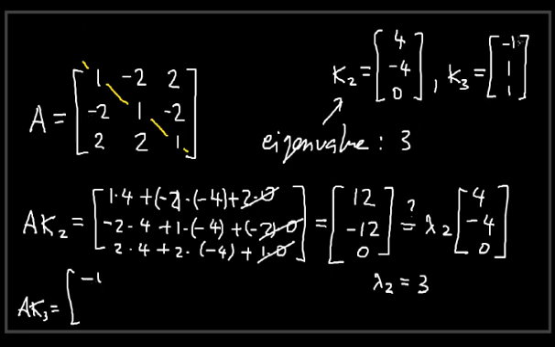Then minus 2 times minus 1, that's 2, plus 1 times 1, that's 3, plus minus 2 times 1, that's minus 2, that's 1. And then in the end we have 2 times minus 1, that's minus 2, plus 2, that's 0, and then 1.